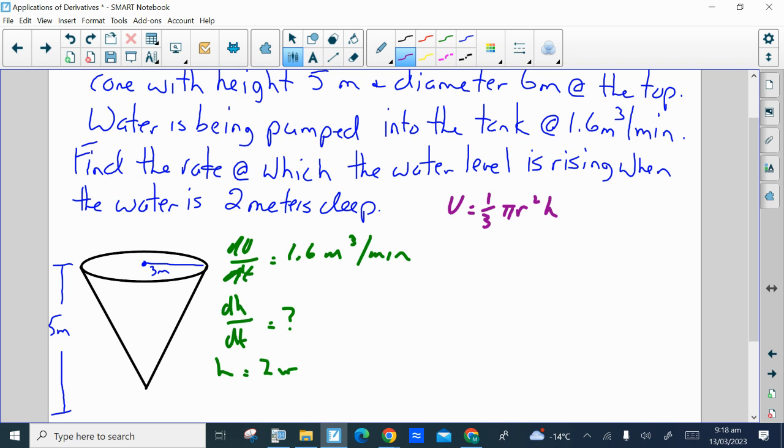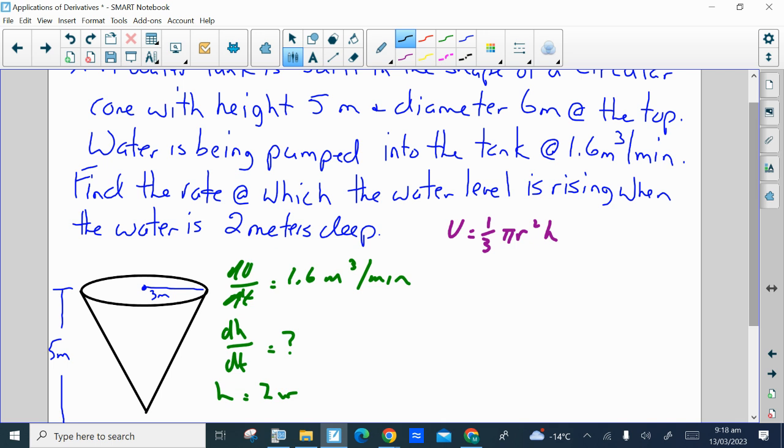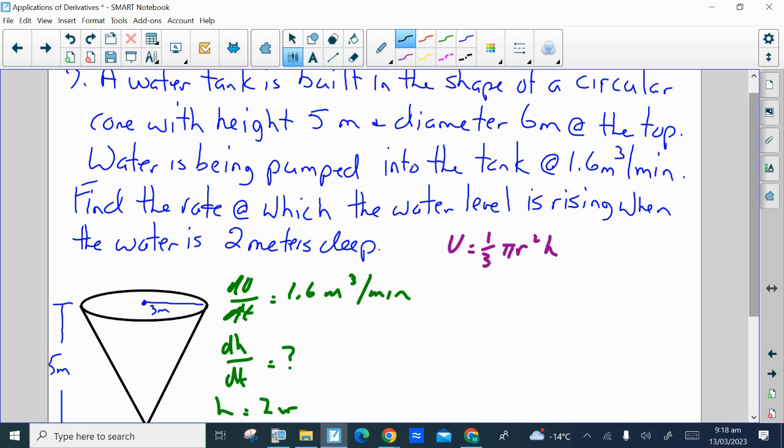And we can write an expression for r actually in terms of h. And here's how. At the top of the cone, which has a height of 5 meters and a radius of 3 meters, no matter where you go up and down that cone, that ratio will stay the same. The ratio of r over h will be 3 over 5.